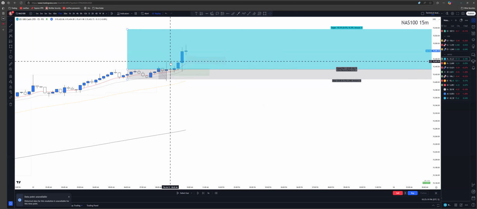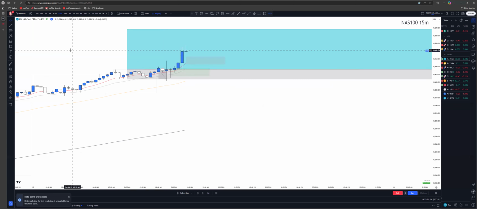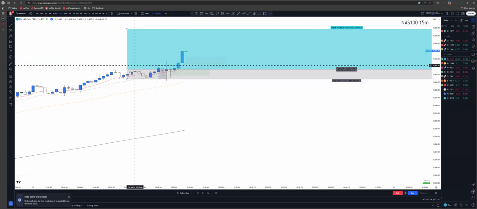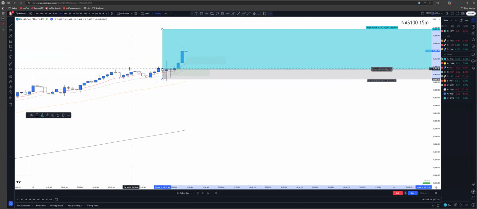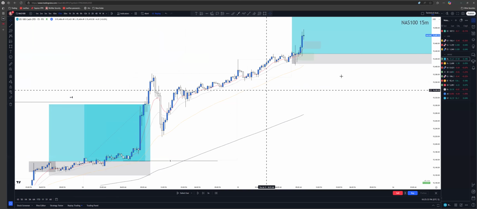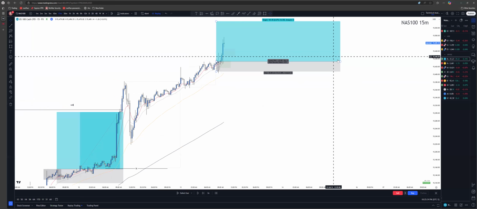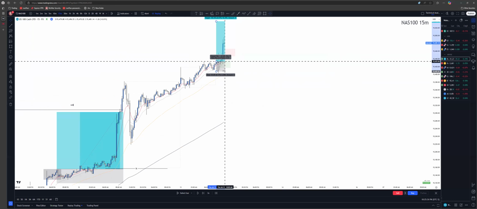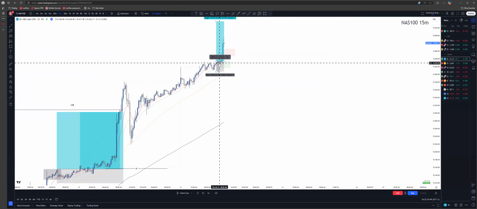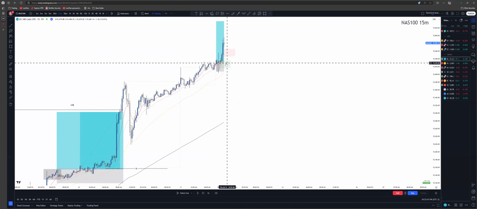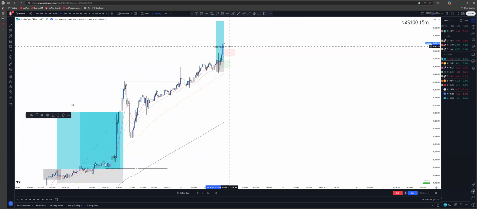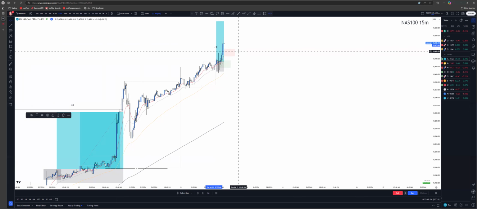And that came down. It's not letting us go down that far in time. Yeah, I'm like 80% sure that's what it did because of how it closed. I'm sure it went down, then tapped this thing. Wait, no, that would have been a minus one regardless. Okay, that would have been a minus one regardless.